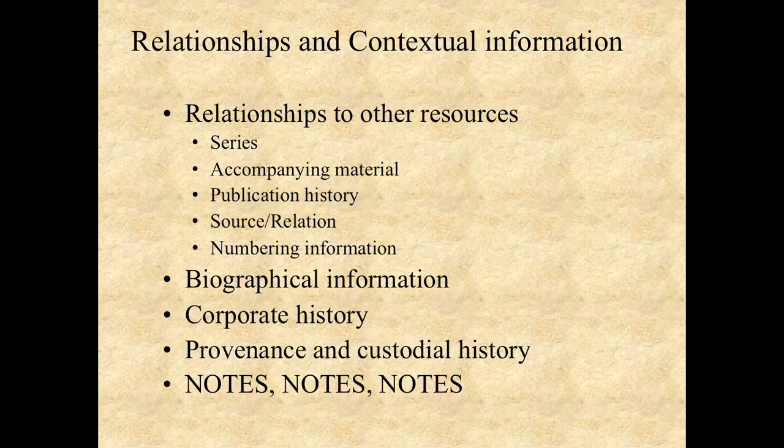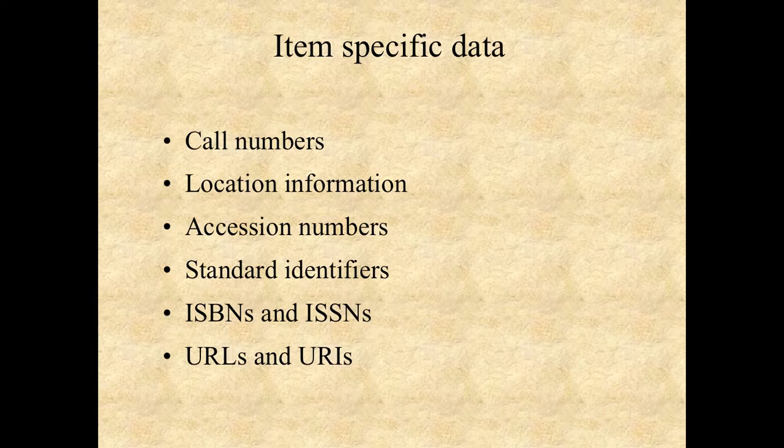So things like biographical information, corporate histories, provenance information, and so on. And of course, relationships and contextual information can be addressed in notes of various kinds, both those sort of pre-selected for a certain type of contextual information, or just sort of generic notes like the 500 field in a MARC record.